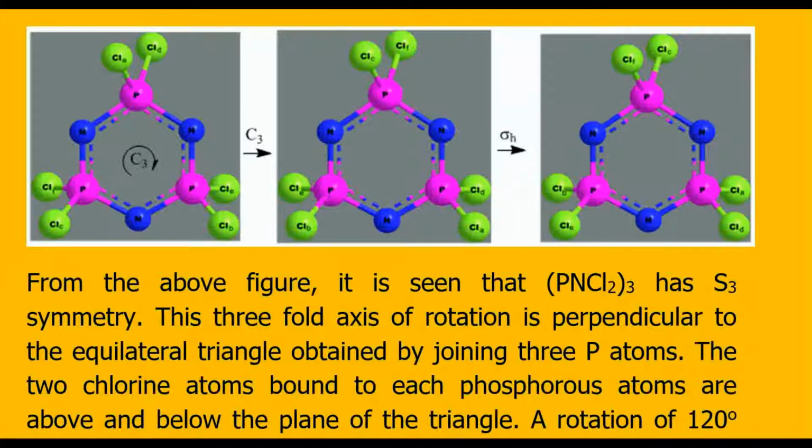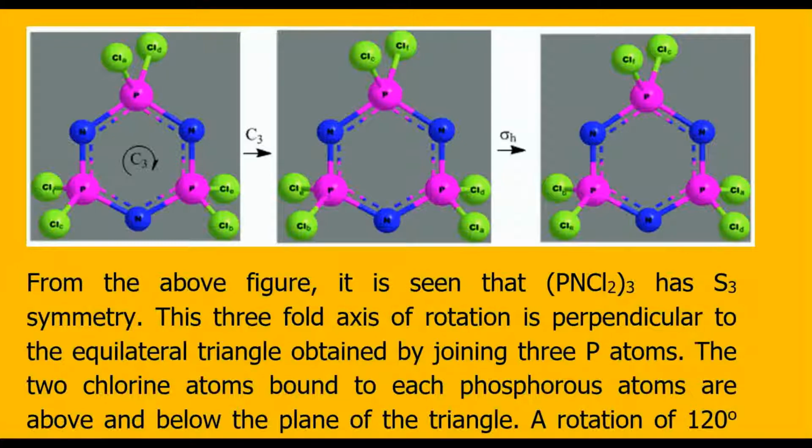So what happens? The elements in the hexagon will remain on their position only, but the positions of the chlorine atoms on the same phosphorus atom will be interchanged. So what you will see is, here you have ClC coming outside and ClF going inside, but upon performance of sigma h, the ClF will come outside and ClC will go inside. In the same way, the positions of ClB and E will be interchanged and ClA and D will be interchanged.